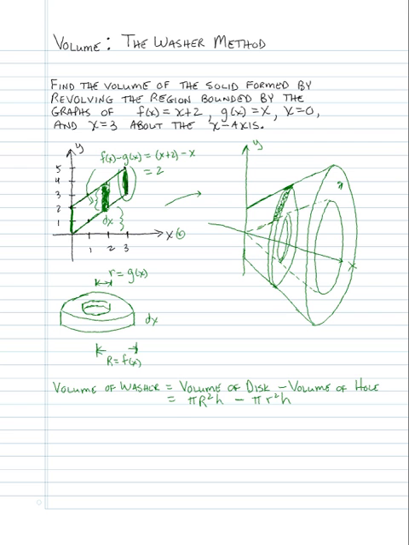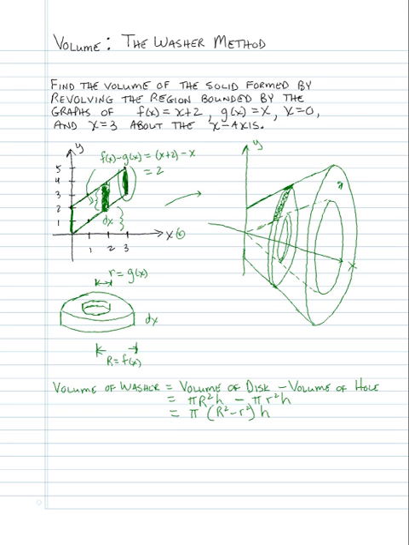So specifically here, let's notice that we have a pi and an h that are common factors to both of these. Let me factor out the pi to the front and the h to the right, and what's left is capital R squared minus lowercase r squared.